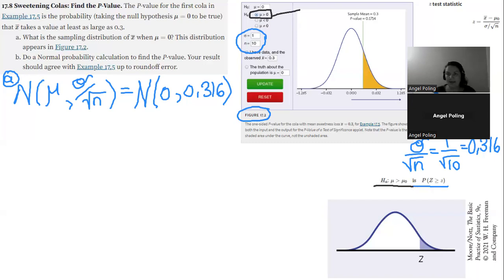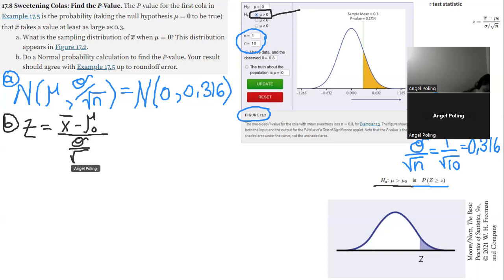This table is on the summary in chapter 17. Okay, so what else do we need? We need the test statistic, which is up in the corner. So Z is equal to X bar minus mu divided by the standard deviation of the sampling distribution, sigma over root n, which we found a value for.